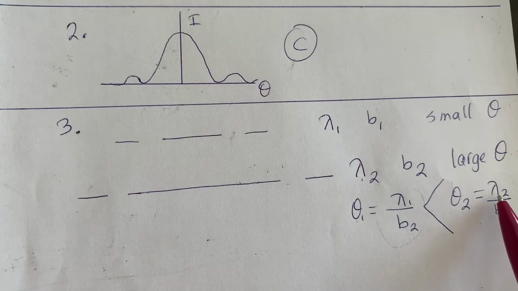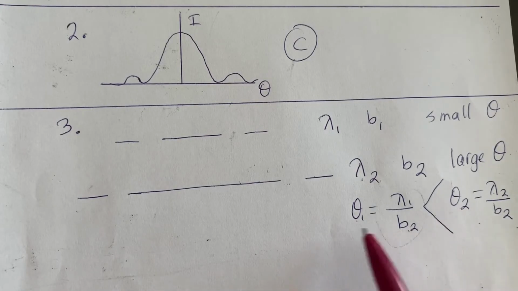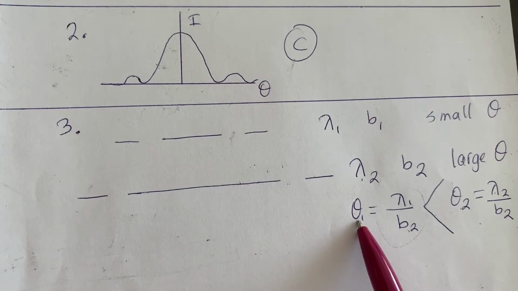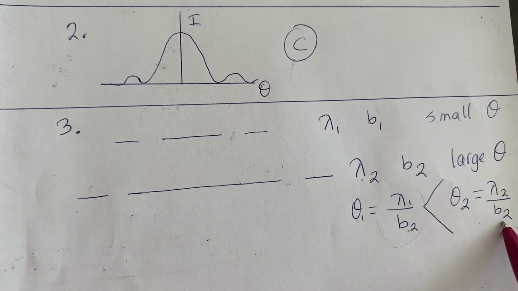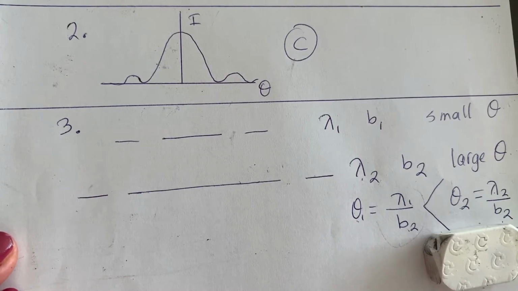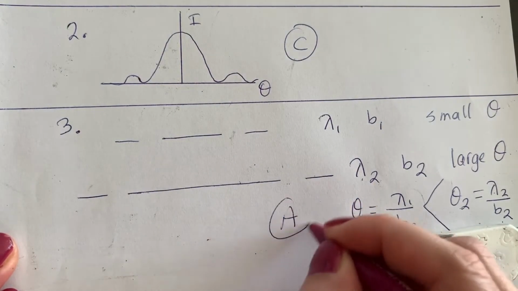We cannot individually compare the wavelengths or the B's because they can both be the cause of this angle being larger than the first angle, but we can say that lambda over B ratio is bigger for the bottom diagram, which is given in option A.